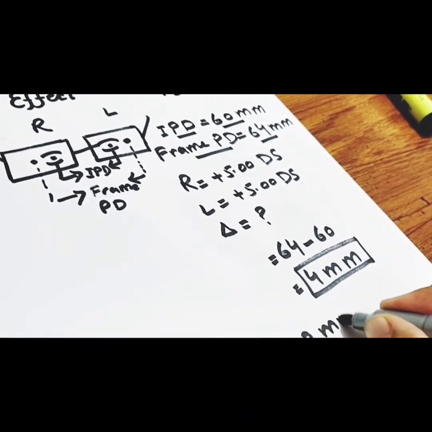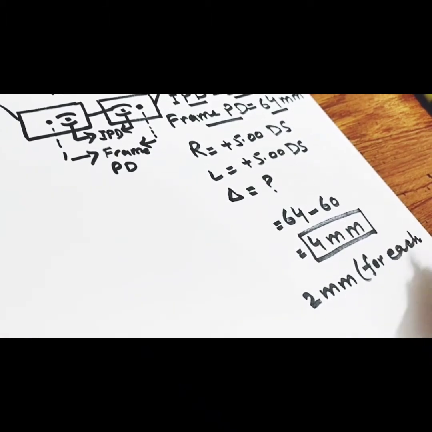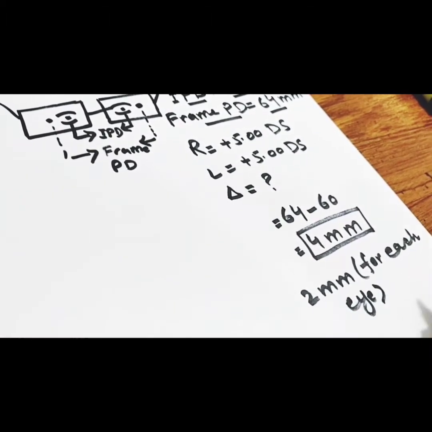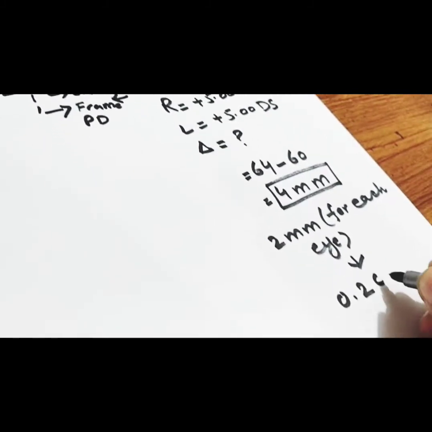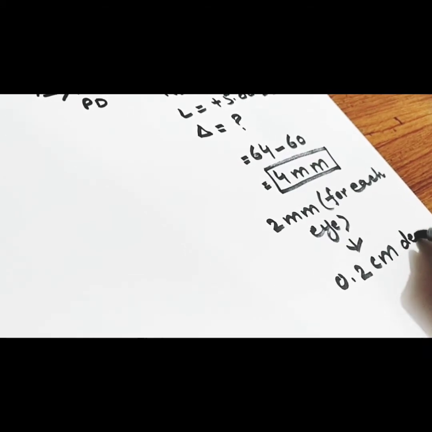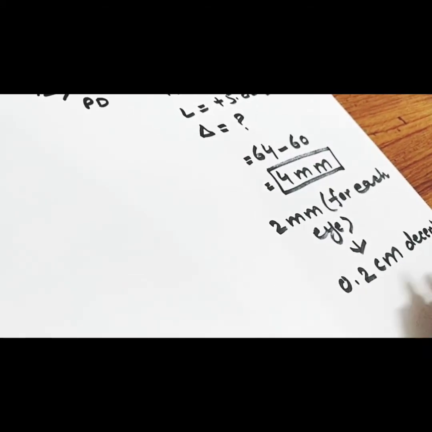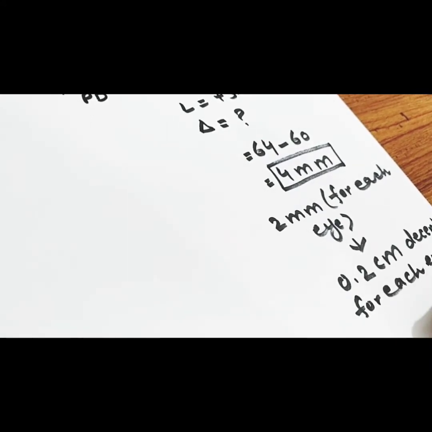Four millimeter is total decentration, while 2 millimeter is decentration for each eye. Now 2 millimeter is equal to 0.2 centimeter.